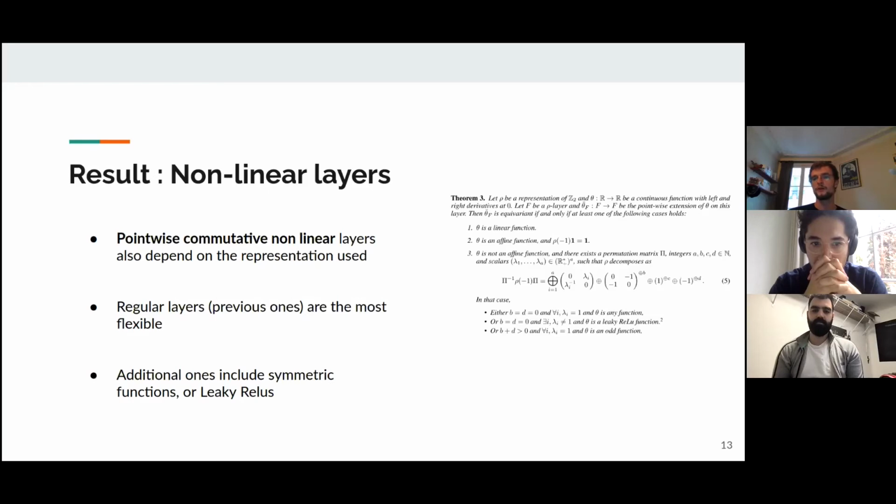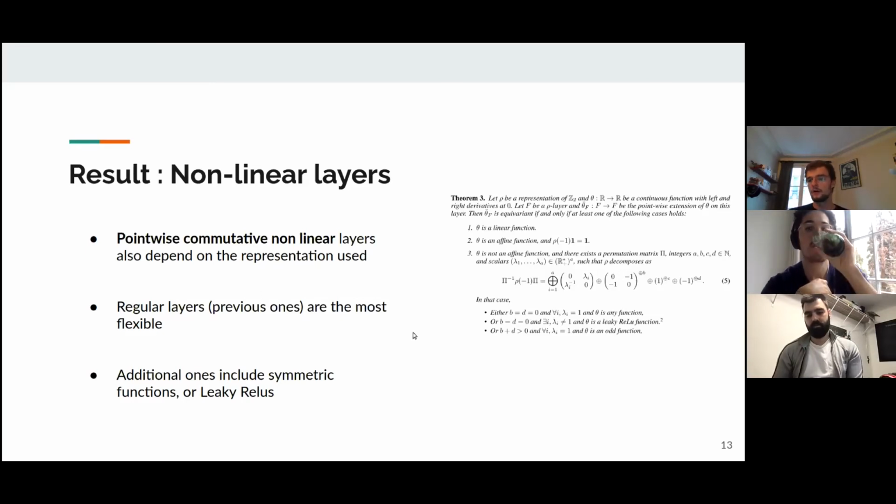But if you use fancier or different intermediate layer representations, you need to introduce specific functions, such as leaky ReLUs, to be used with A kind or B kind layer types.